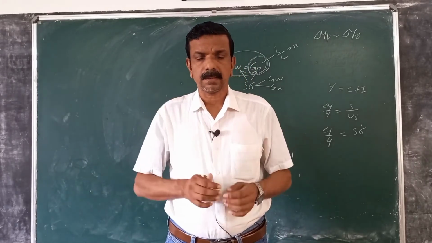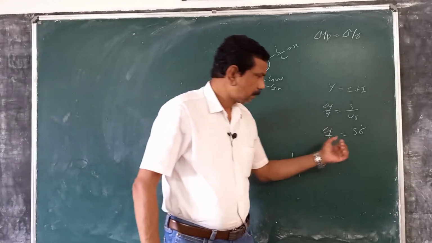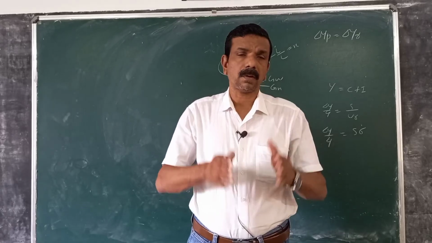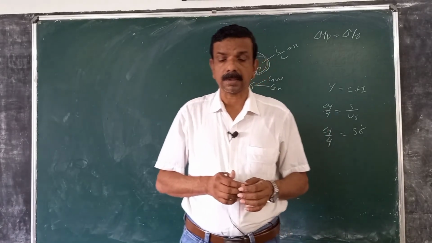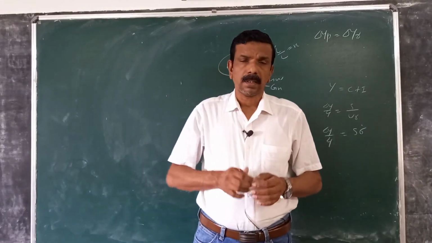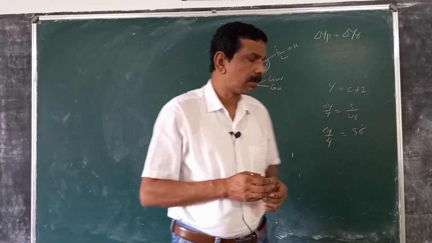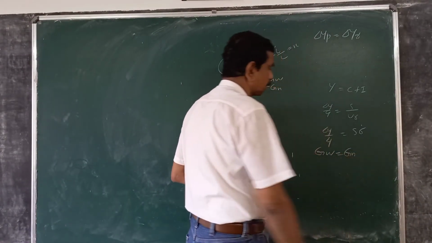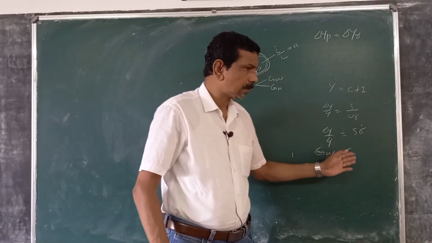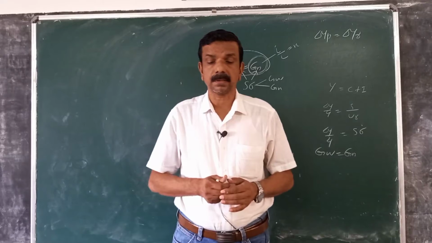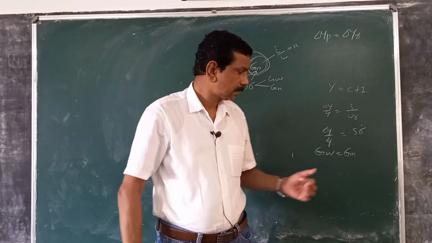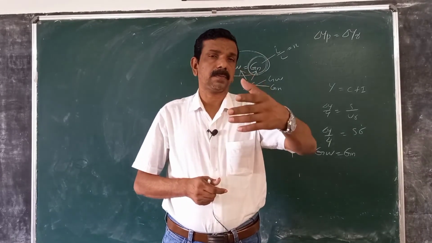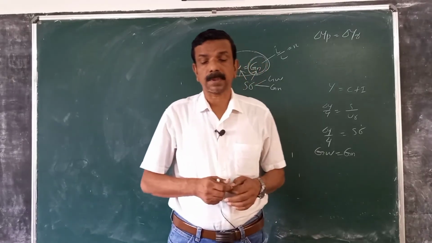A third similarity is that both models analyze the difficulties of attaining long-run equilibrium growth with full employment. In the Harrod model, there is no mechanism to ensure that GW is equal to GN, and also GW is inherently unstable, characterized by what is known as the knife edge property.